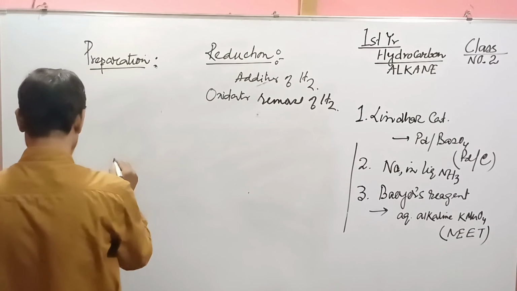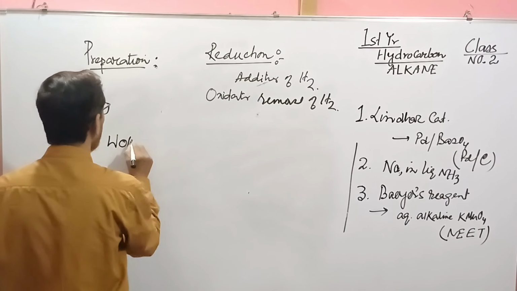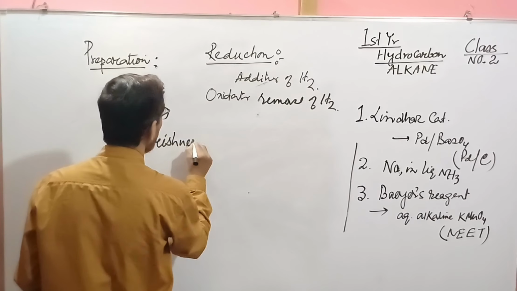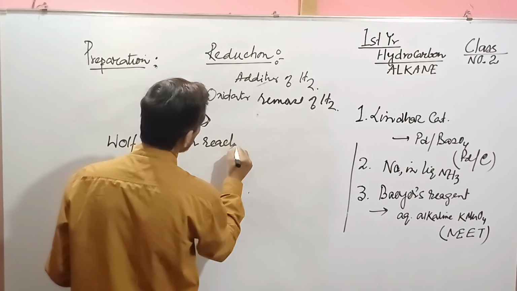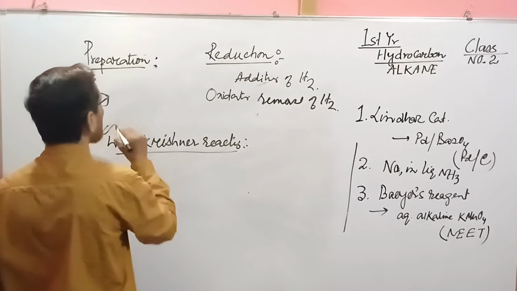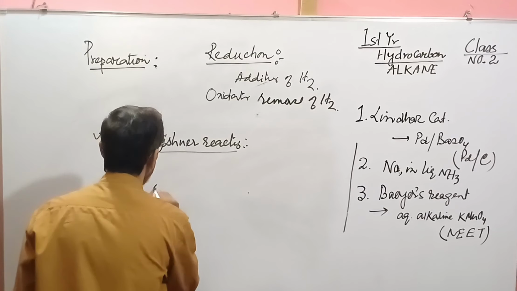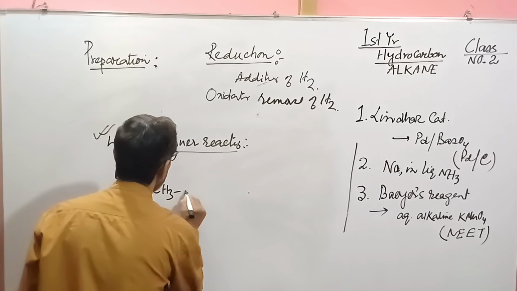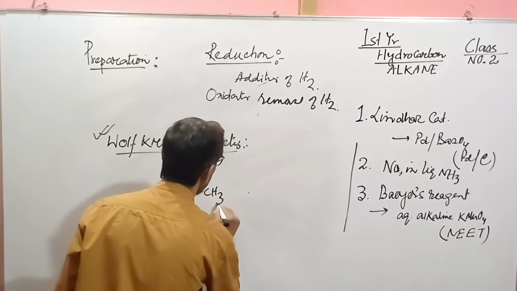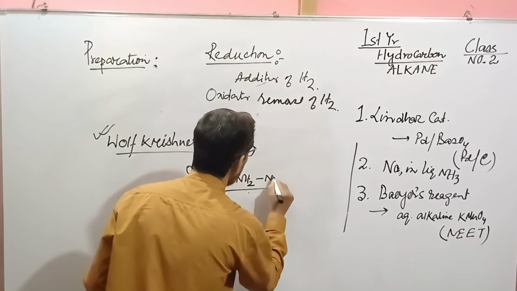So next one is Wolff-Kishner reaction, or again it is reduction. Wolff-Kishner reaction, again it is in second year. You will get it again in second year. Say CH3, C double bond O, CH3, but here the reagent is changed: sodium NH2.